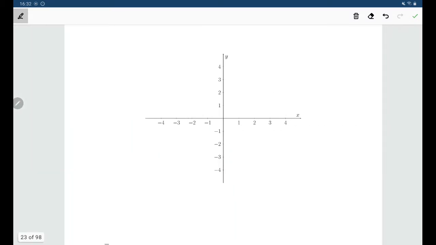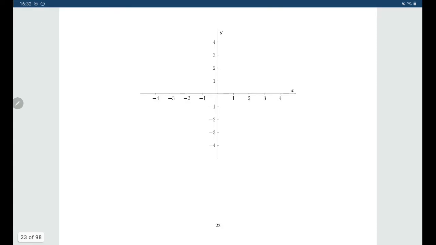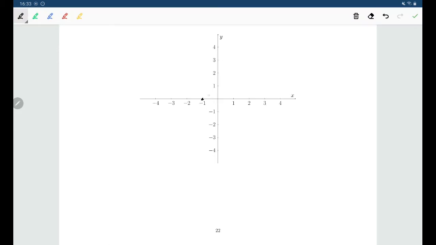If I try to now fit in what I have on my graph, putting in my x-intercepts with what I think I have as the end behavior, I'm going to run into a problem. Because if I try to cross at -1 and cross at 0, then I find that I'm forced to cross when x is 2. This is what I mean about things contradicting each other.